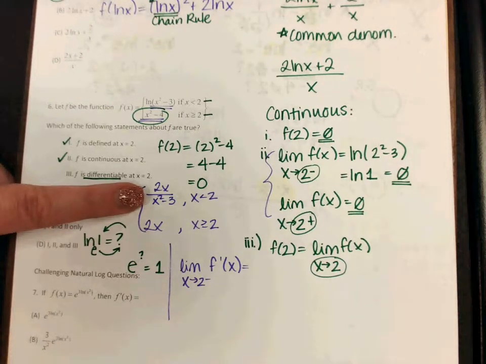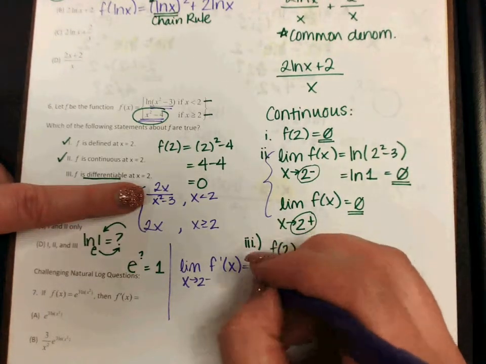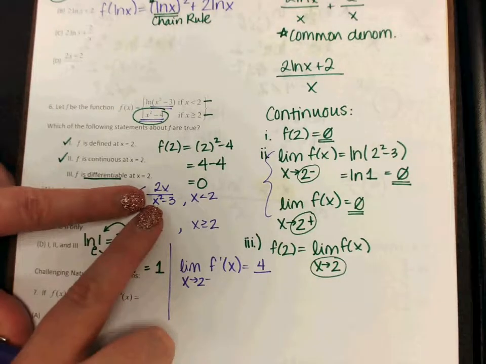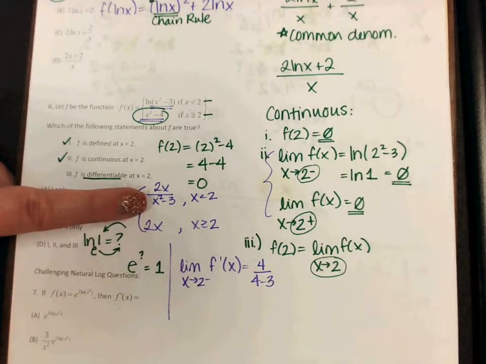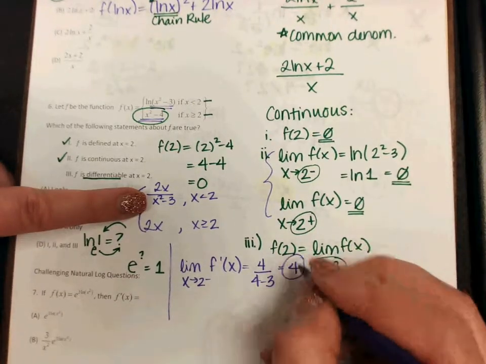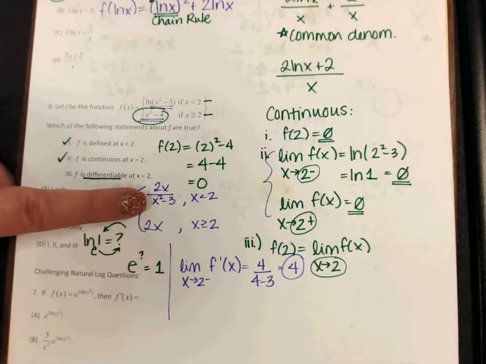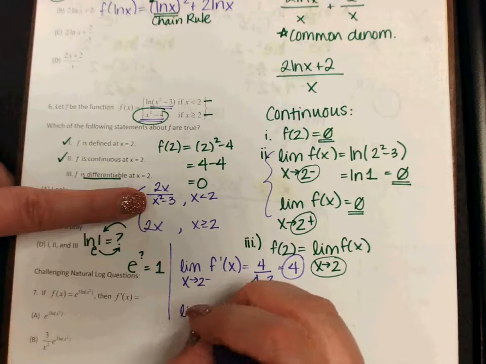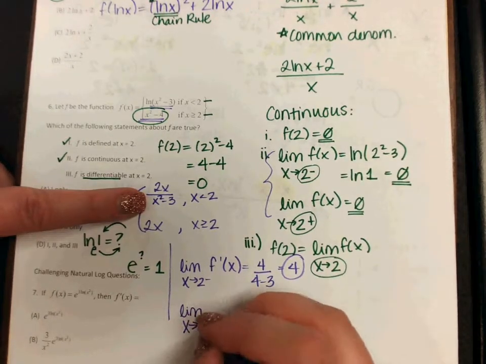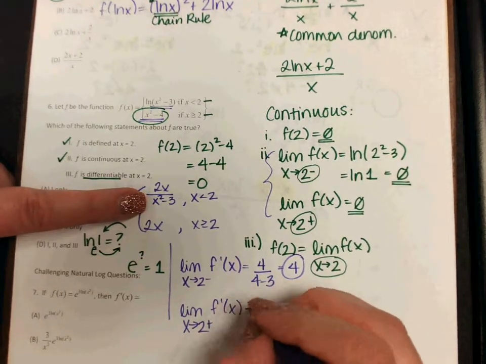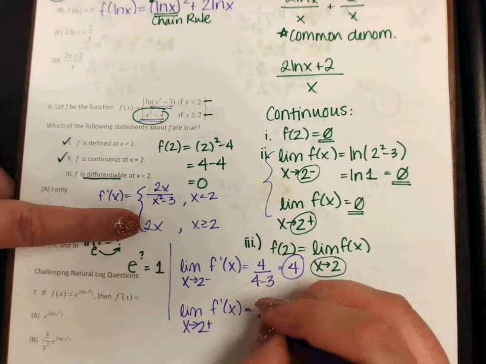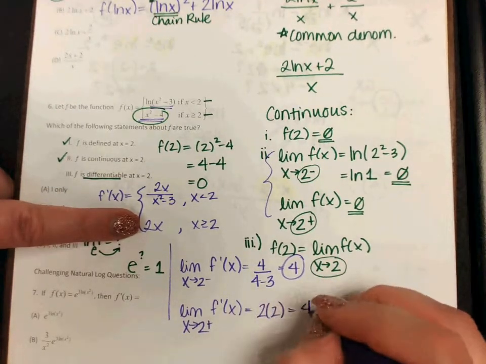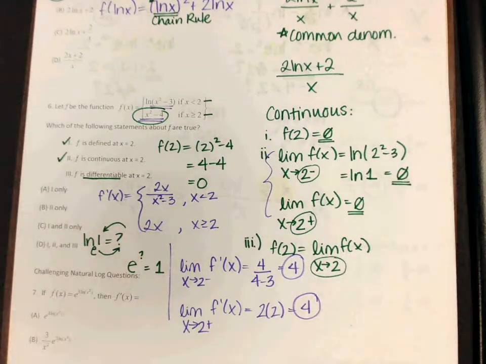So on top, I'd get 2 times 2 is 4, over 2 squared down here is 4 minus 3. Well, 4 minus 3 is 1, so that's just 4. Then I would take the limit as x approaches 2 from the right-hand side of f prime of x, which means I'd be plugging into this piece. 2x would be 2 times 2, which is also 4.